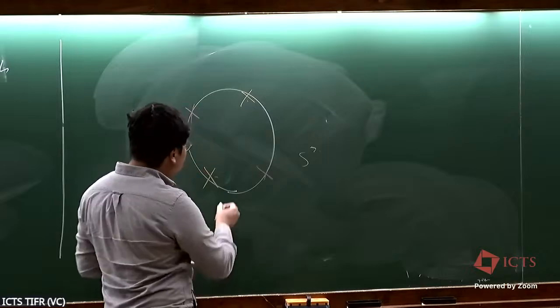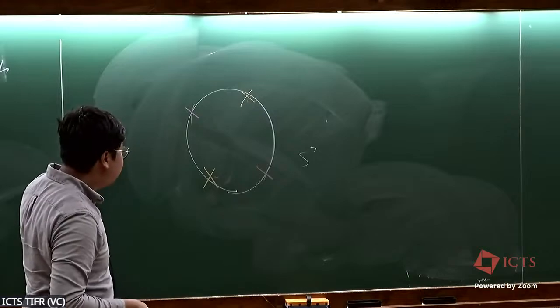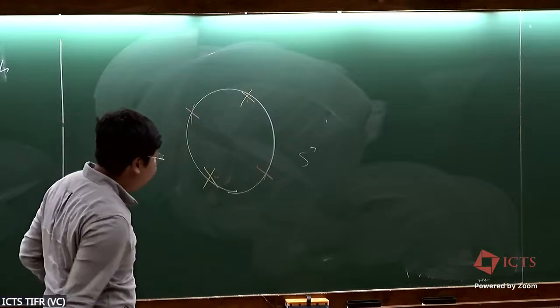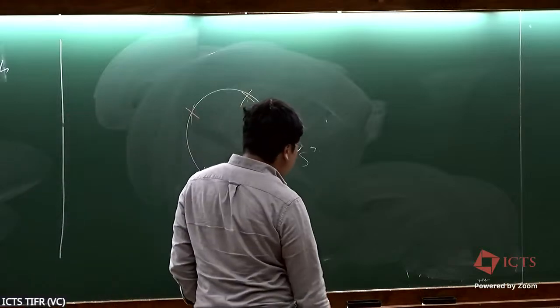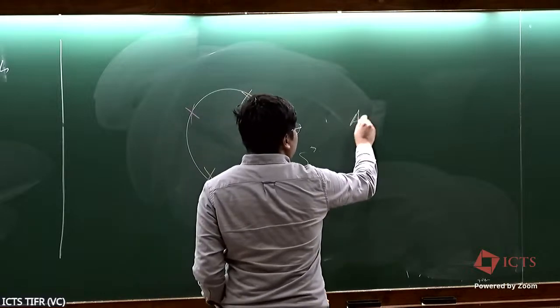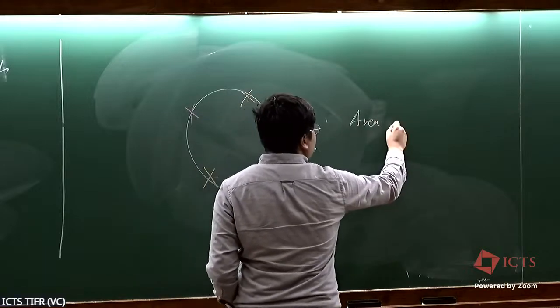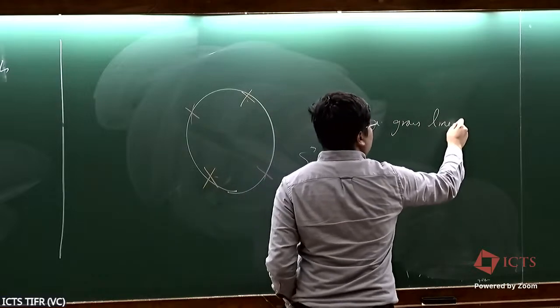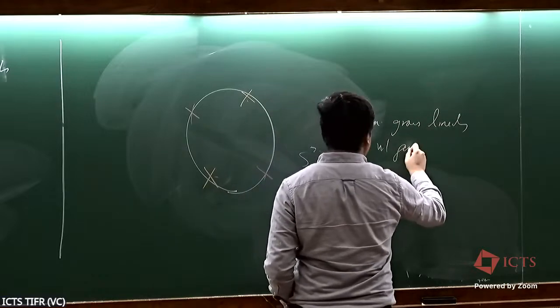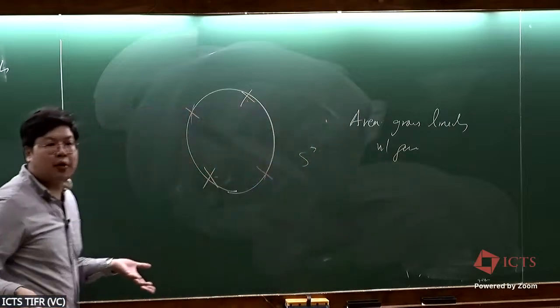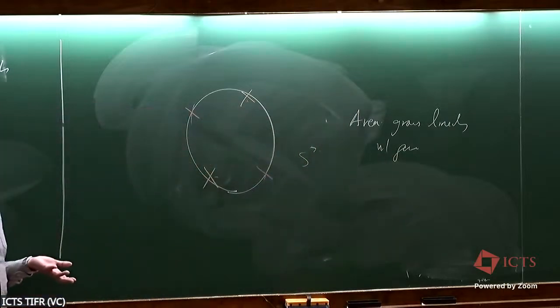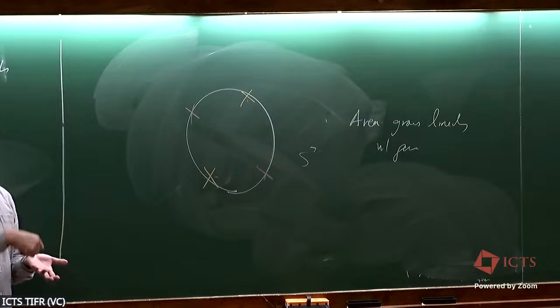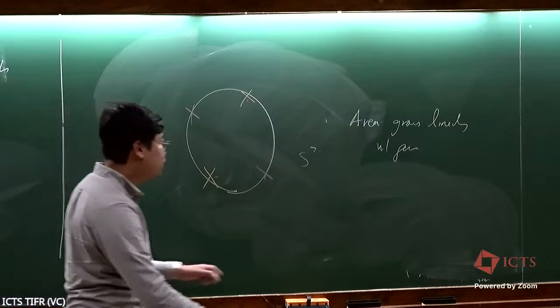And one thing you'll notice with their construction, which will be relevant later in the story, is that the area growth of their examples grows linearly with the genus. Why? Because my two-sphere has some fixed area, and I'm just adding on handles of these cylinders. Each time I add a handle, I pick up a genus and a fixed amount of area.